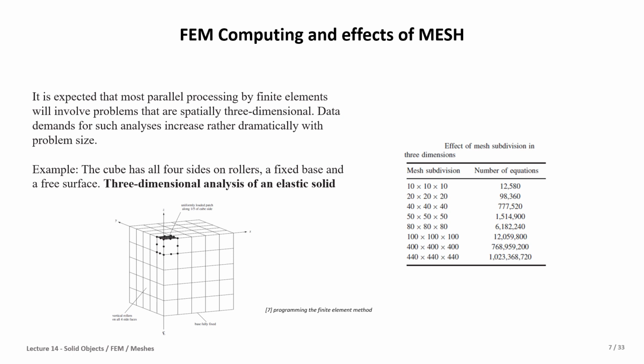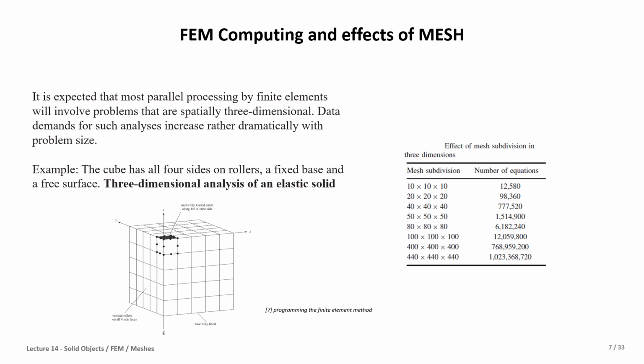Now let's have a look at some 3D examples. When it is three-dimensional, parallel processing is essential, and the finite element method involves really massive computing. Here is an example of a three-dimensional elastic solid object, a cube.